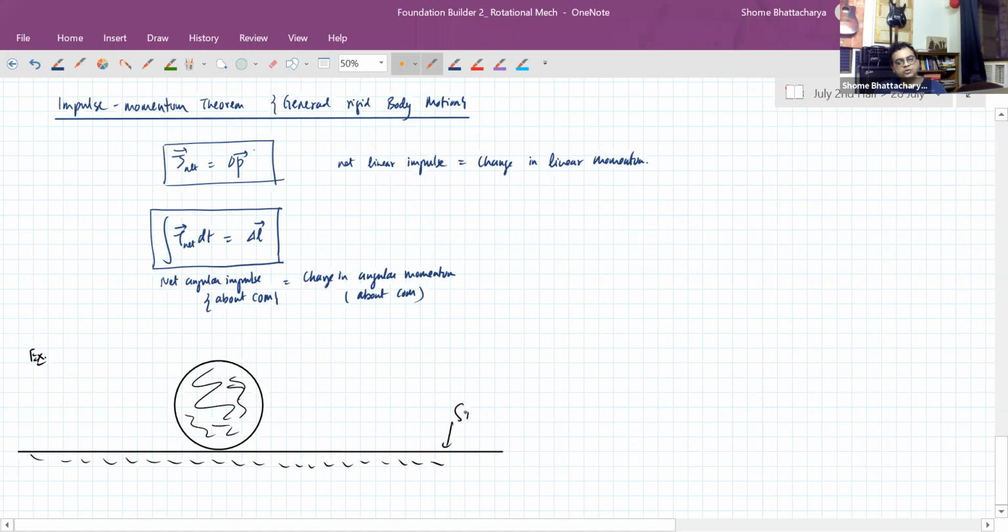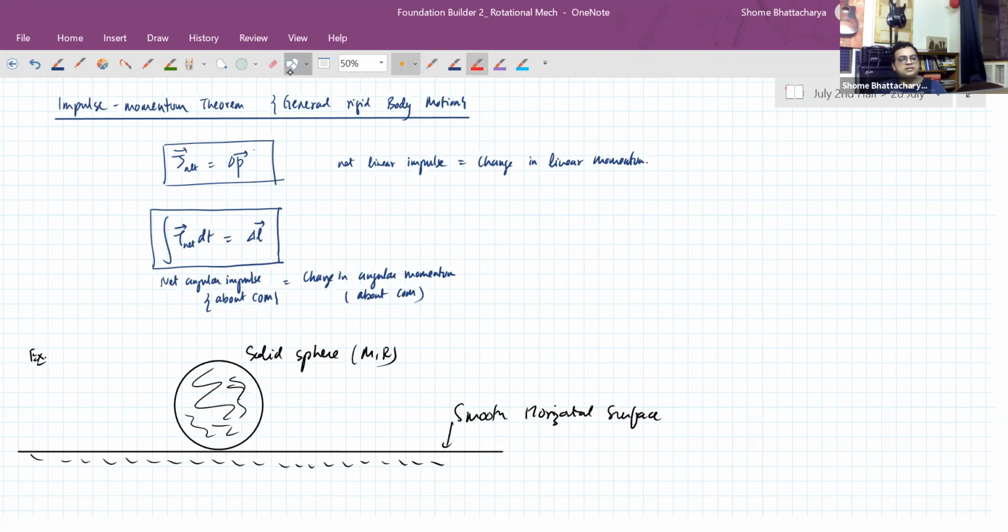So this is a smooth horizontal surface. And this is a solid sphere which has mass m and radius r. Now what happens is that the solid sphere is initially at rest, but we hit it with a sharp impulse.